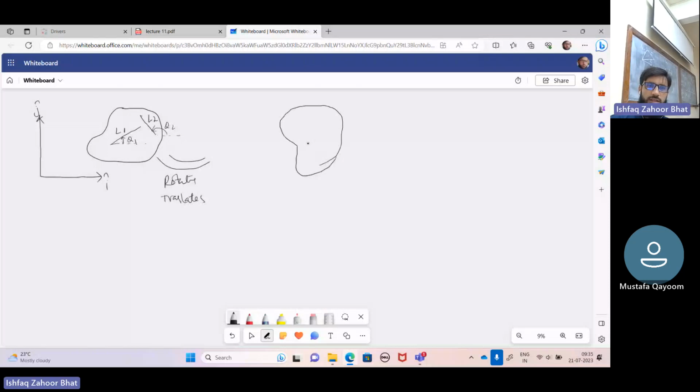So it translates and it rotates. So this is L2, and maybe I'll make it a bit more.